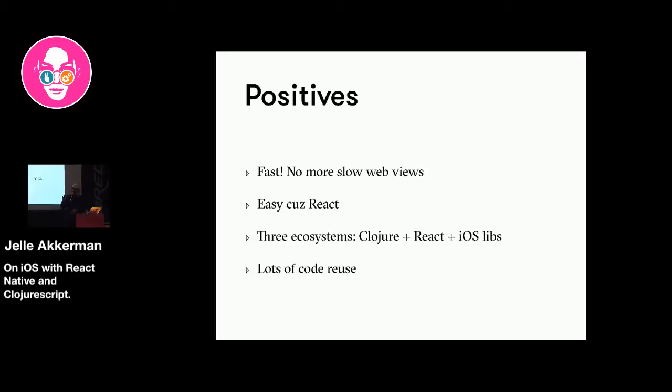And because it's on the intersection of 3 rich ecosystems, we could just pick from whatever ecosystem we want. And because it's Clojurescript and we were already using some Clojurescript on our website, we could reuse a lot of the code for the business logic.